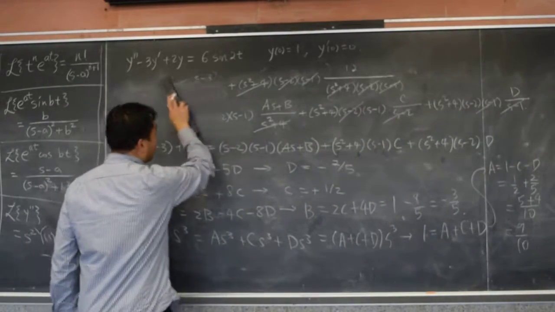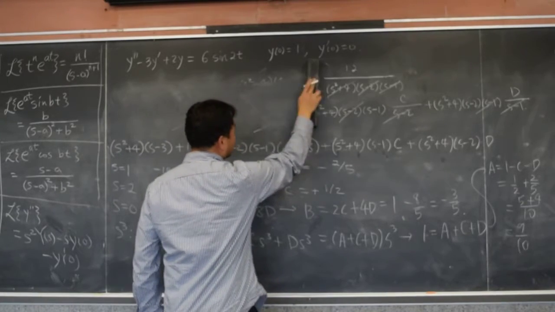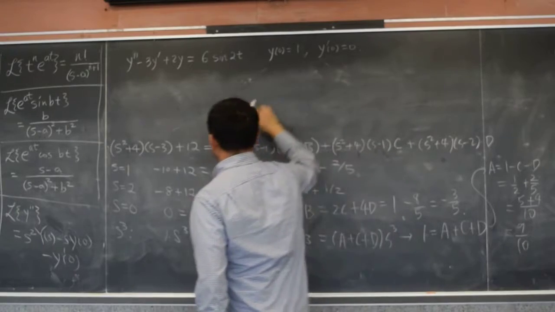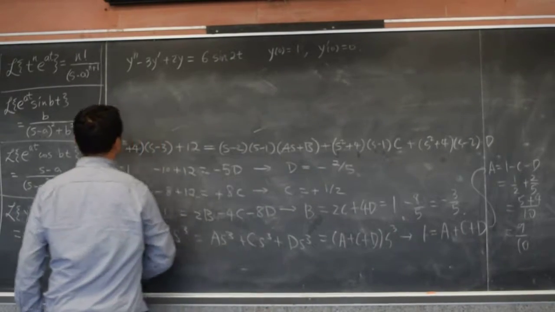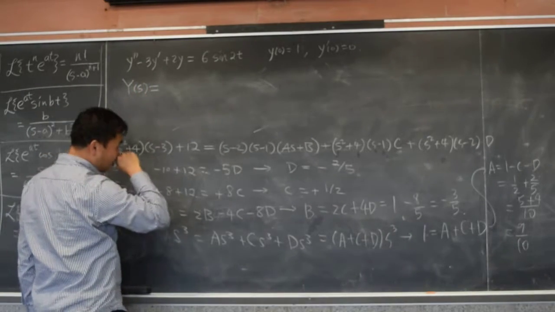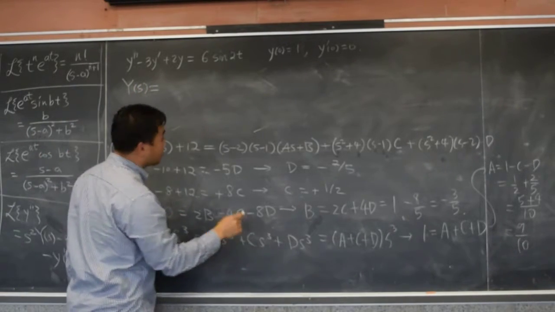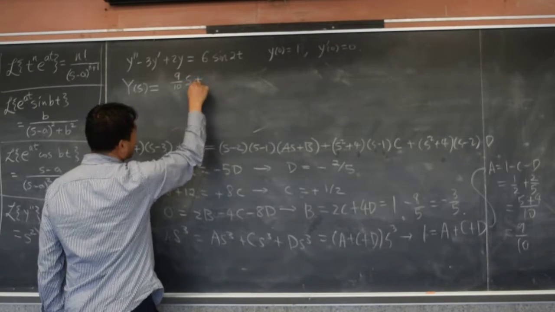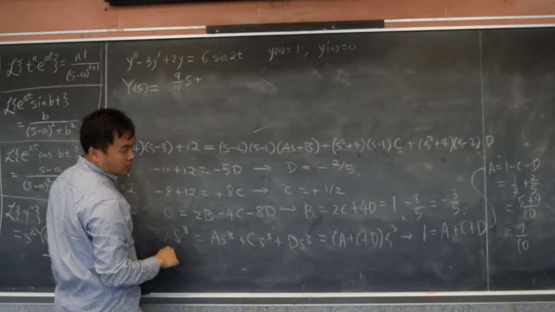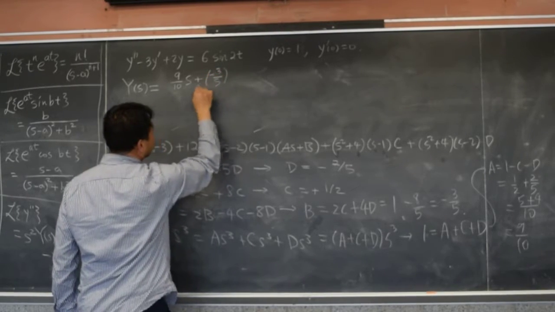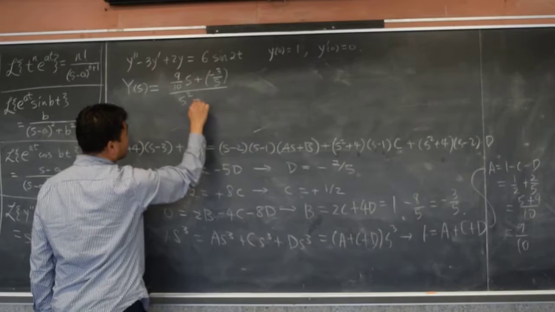We just figured out, well, I erased the original form. Hopefully you remember what it was. We figured out that Y of s was (As plus B) over (s squared plus 4), so it's 9 over 10 s plus b, which is negative 3 over 5, over s squared plus 4.